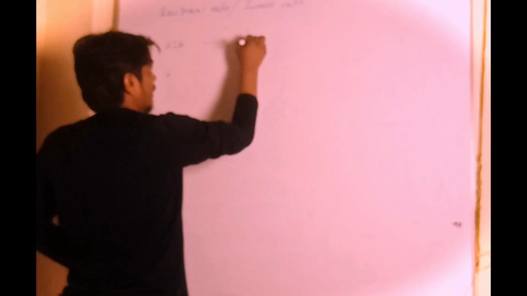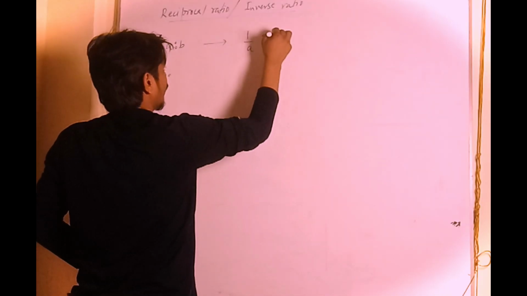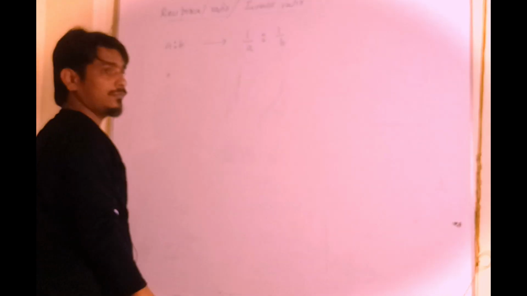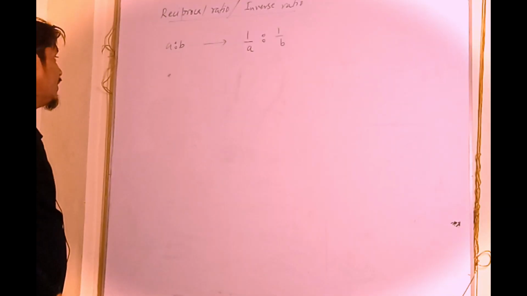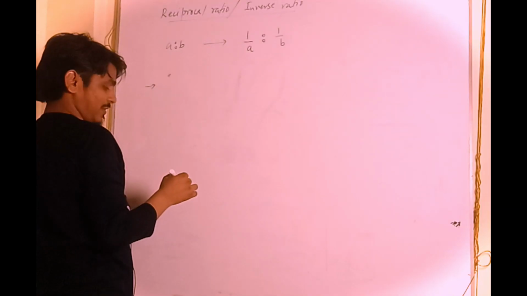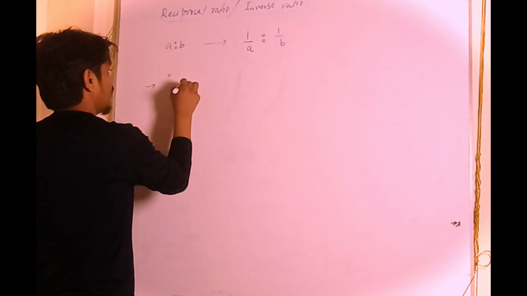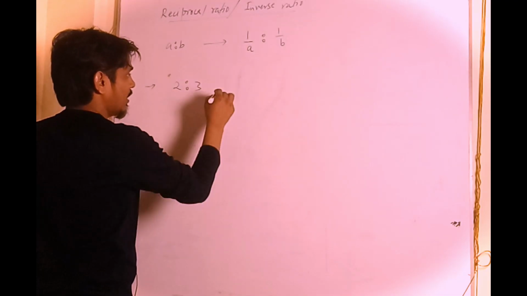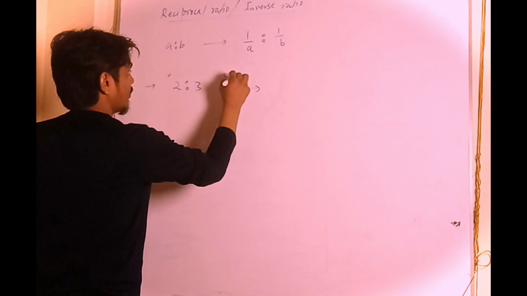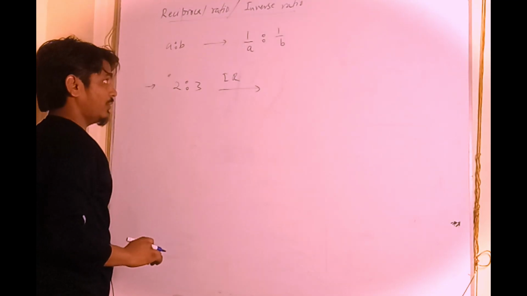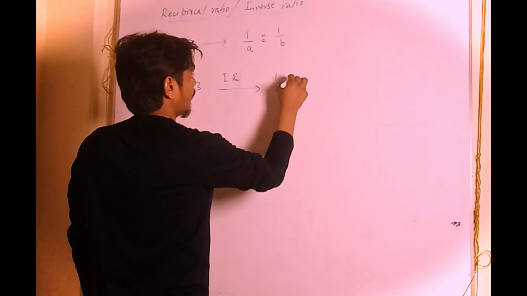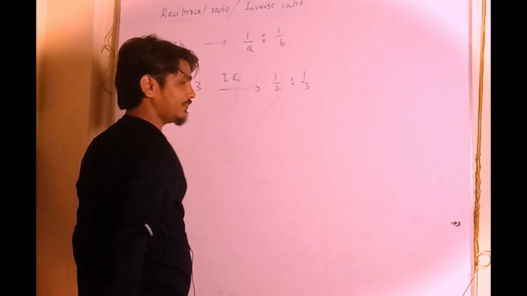So we can write it as 1 over A ratio 1 over B. For example, if we are given a ratio 2 over 3, then its reciprocal ratio, or inverse ratio, I'm writing IR for inverse ratio over here, is nothing but 1 over 2 ratio 1 over 3.